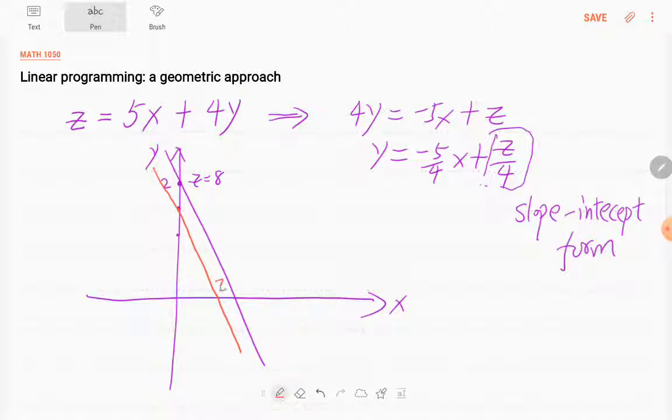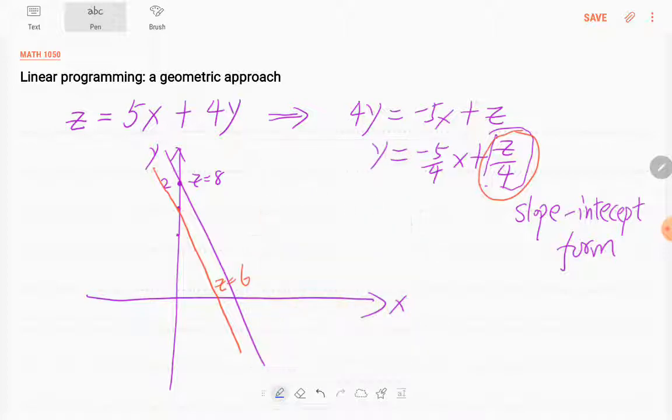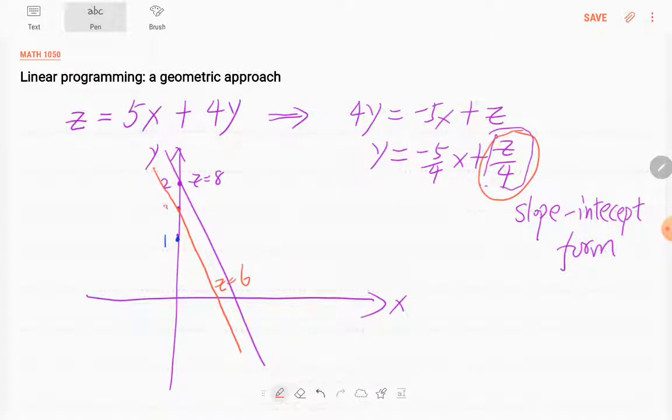If z equals 4, the y-intercept would be 4 over 4, which is 1. So we have this line.